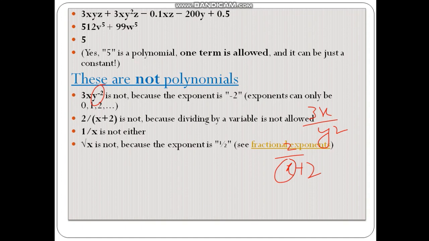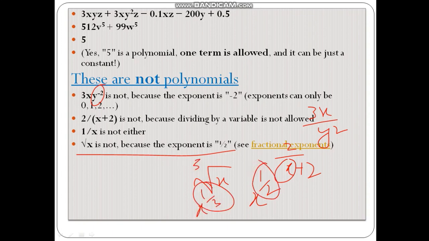The exponent should not be a fraction. The variable should not be under root, and the cube root sign means that the power should not be 1 upon 2 or 1 upon 3. Like if I am writing under root x, it means x raised to the power 1 upon 2. If it is cube root, then x raised to the power 1 upon 3. So the power is not an integer, so this is a fractional exponent. It means that this will not be a polynomial.